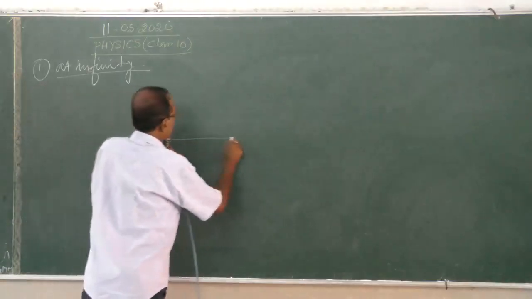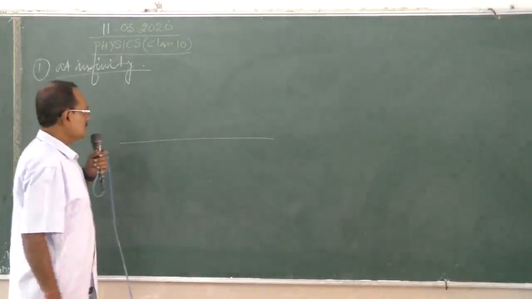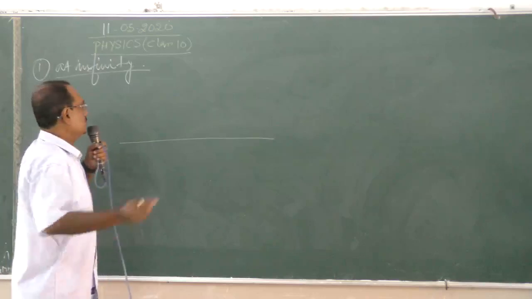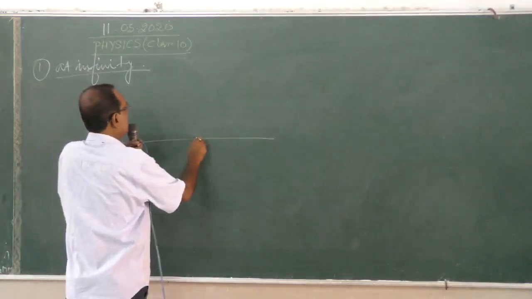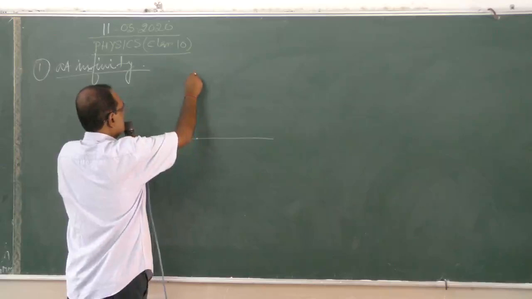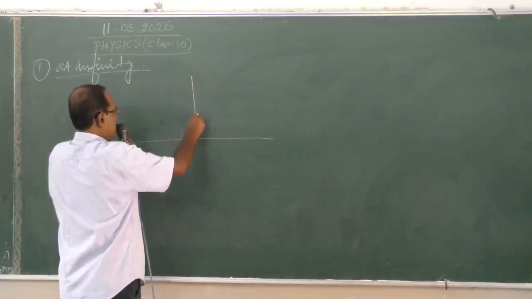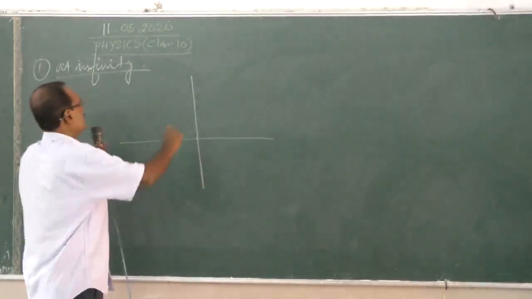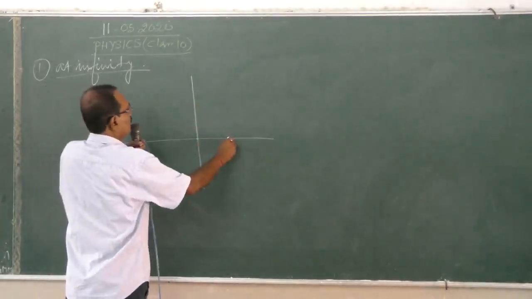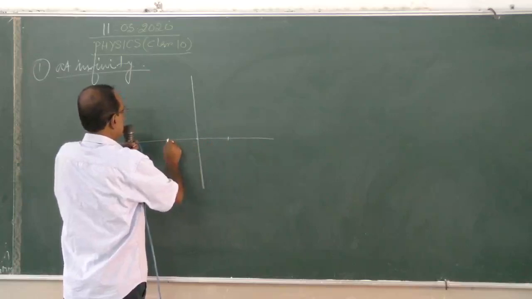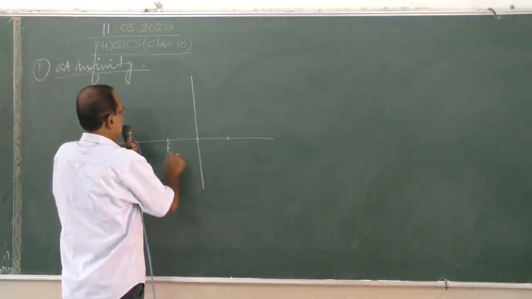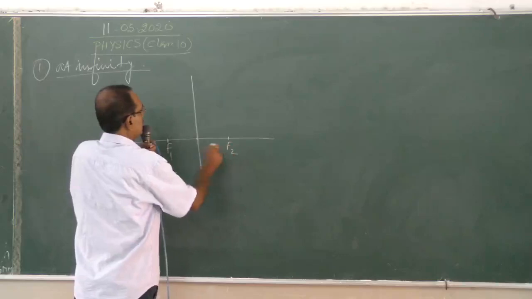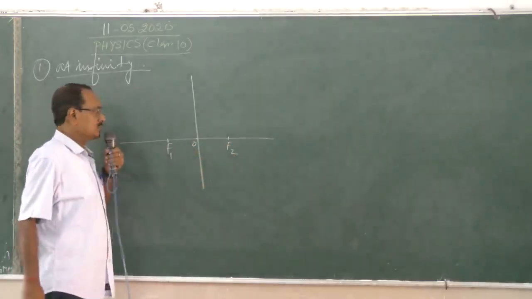This is the principal axis. How will you draw the ray diagram? First you draw the principal axis, and at the middle of this line you draw a perpendicular line. Then you mark equally on both sides. Here it is F1, this one is F2, this is O, the optic center.